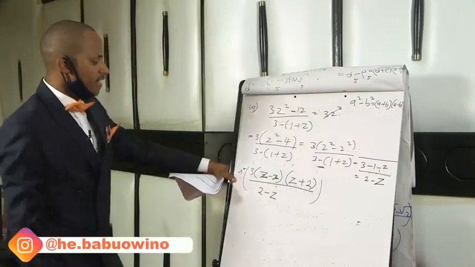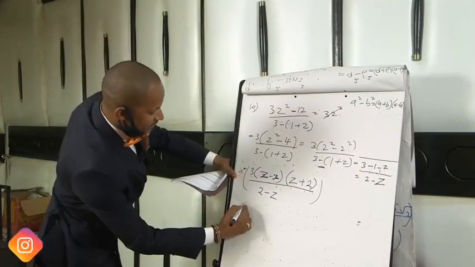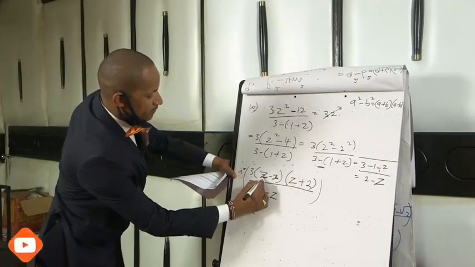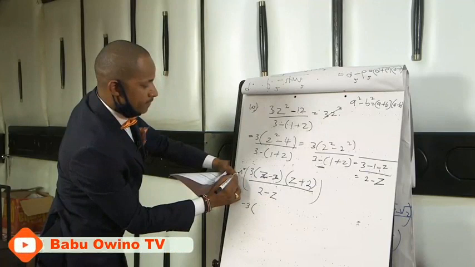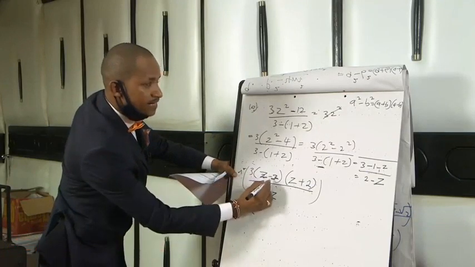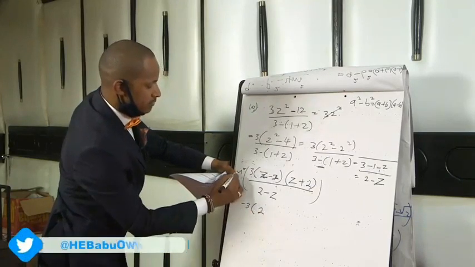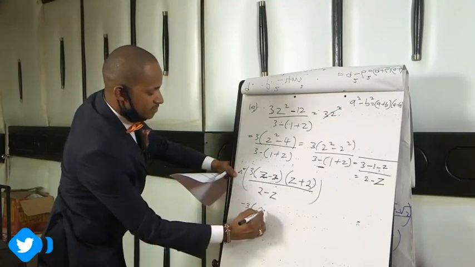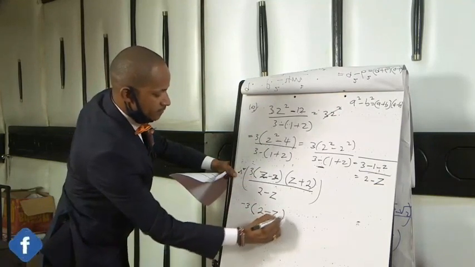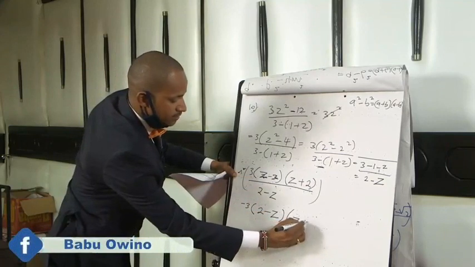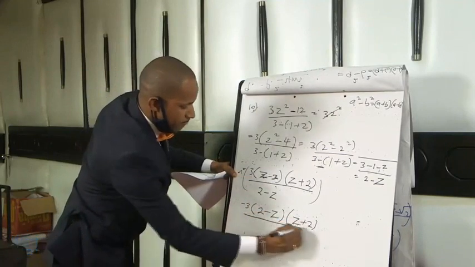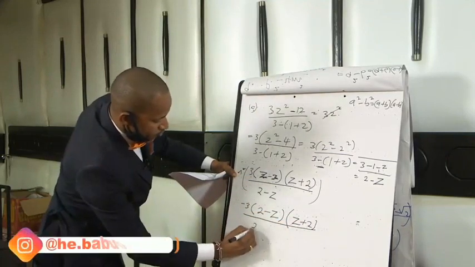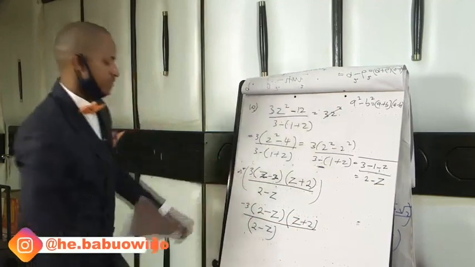So when you introduce a negative 1 at the numerator, we will have negative 3 into, this is z, minus 1 times 2 times minus 2 is 2. Then minus 1 times z is minus z into z plus 2. This remains. You divide by 2 minus z.